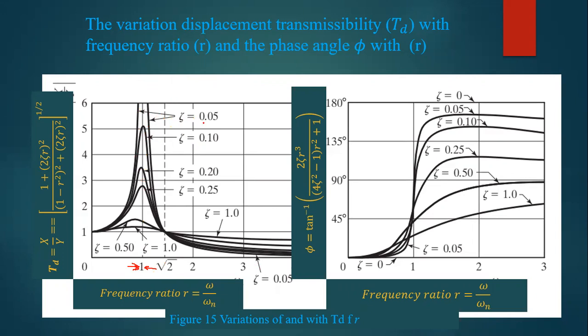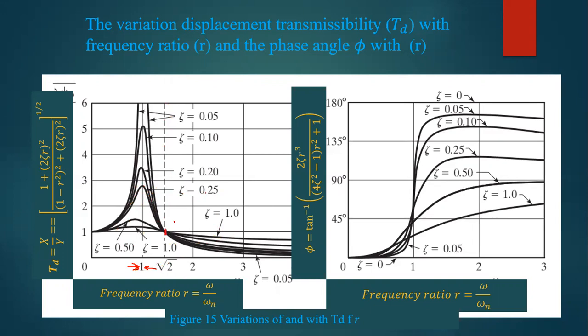And when damping increases, it comes down. For example, this graph is for damping zeta equal to 0.25. And all of these graphs meet at one point here, which is at root 2.